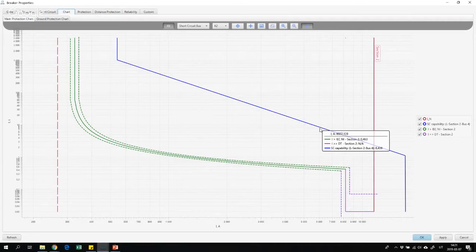So it means that our cable will be capable to withstand 6000 amps, and it will not melt, it will not break, and so on.